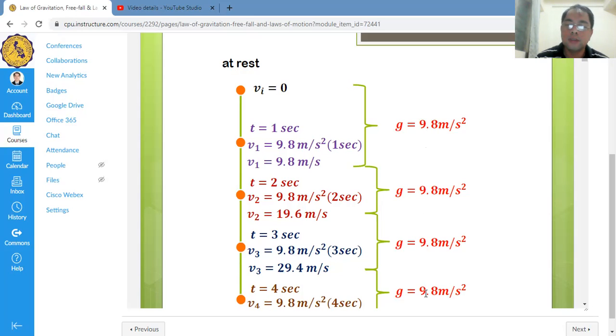And what do you notice? That acceleration value is constant all throughout the fall of the object. So there is a constant acceleration in the falling of a particular object. This type of motion is also called uniformly accelerated motion.